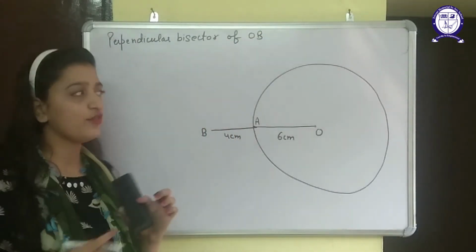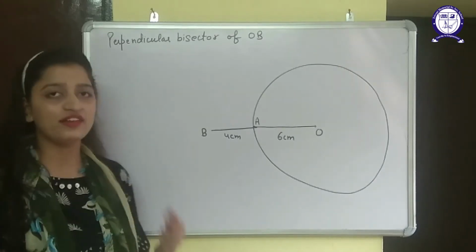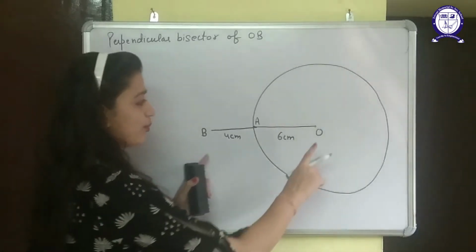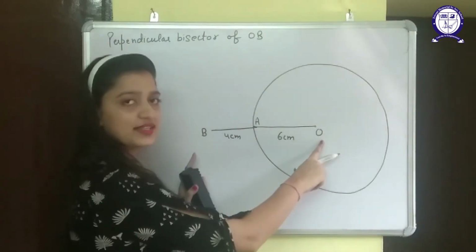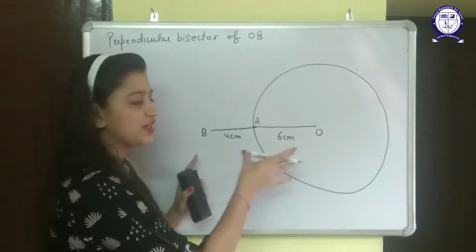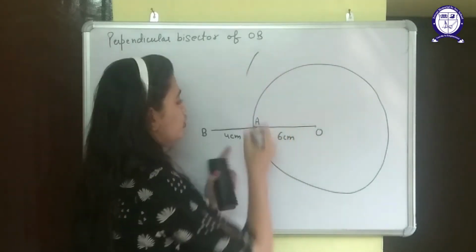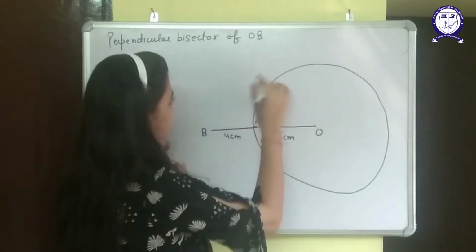The process of drawing the perpendicular bisector we have learned in our previous classes also. What was that? Take O as the center, and open your compass more than half of this line and make 2 arcs.